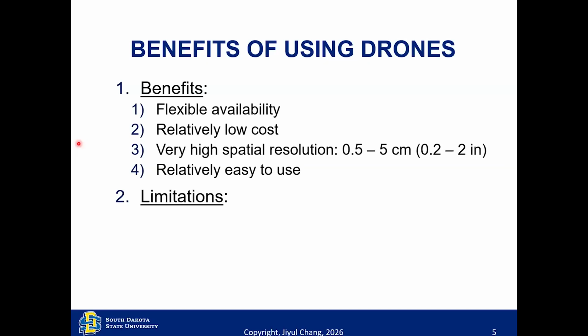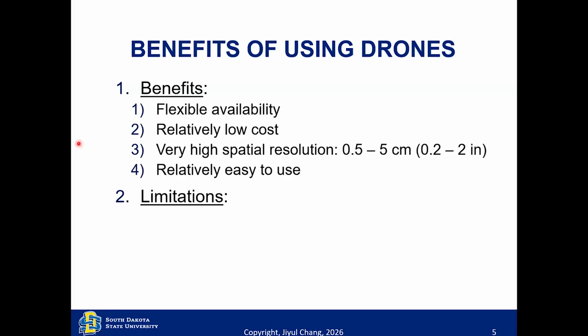Some drones are very expensive, mostly about $5,000 or so. And it has very high spatial resolution. When you take images from a drone, it's actually very similar to the camera in your cell phone. The image is very clear and high spatial resolution, and it's relatively easy to use.